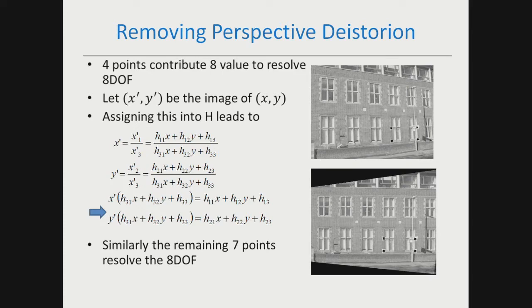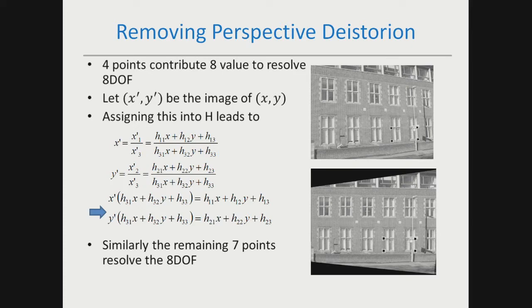Now, we would like to correct the perspective distortion, which we often refer to as rectification, but it's not exactly that. Later we'll see what we mean by rectify. But here, this is what we will do.